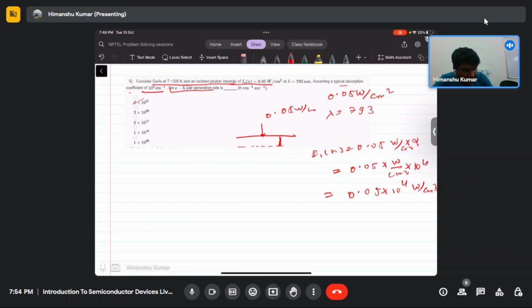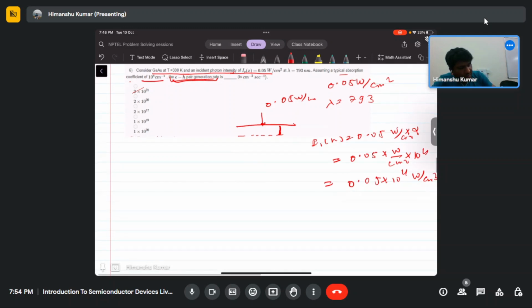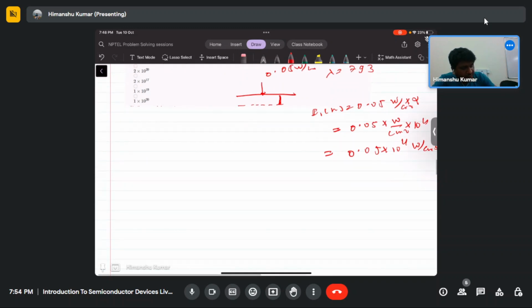So now we need to find the electron hole pair generation rate. This is joule per second, so basically 0.05 into 10 power 4 joule per second per centimeter cube is generated.